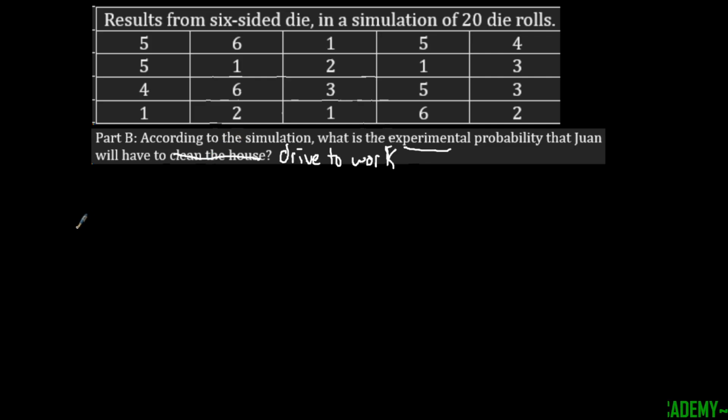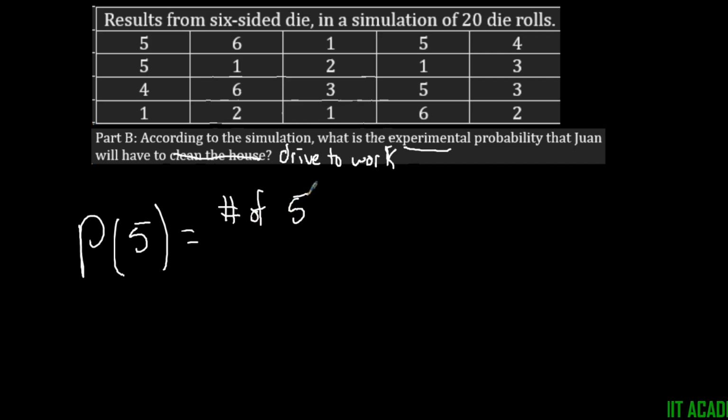Same kind of setup: the probability of a 5 is the number of 5s divided by the total number, meaning how many total times did it happen. We can circle the number of 5s. I have one here, one there, another one here, and another one there.